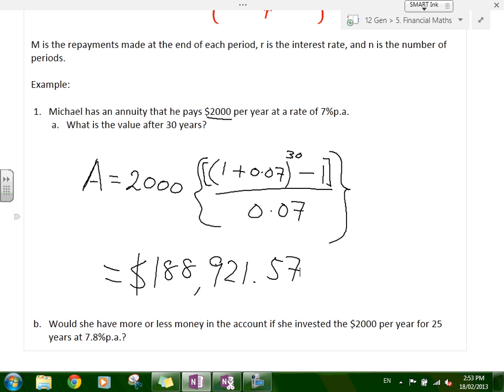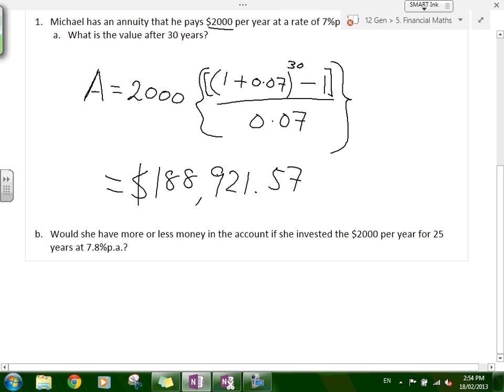Now the next thing. Let's give it another go. The second question says, would she have more or less money in the account if she invested the $2,000 per year for 25 years at 7.8%?